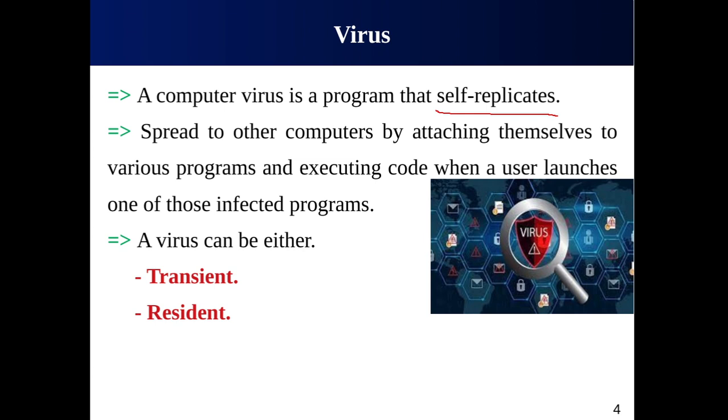A virus is capable of copying itself and spreading to other computers. They often spread by attaching themselves to various programs and then executing code when a user launches one of these infected programs.